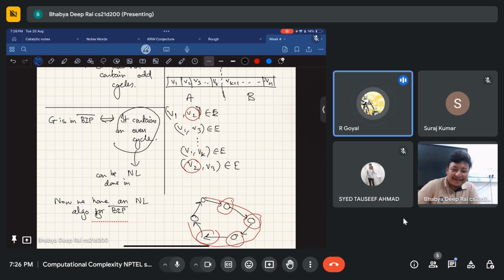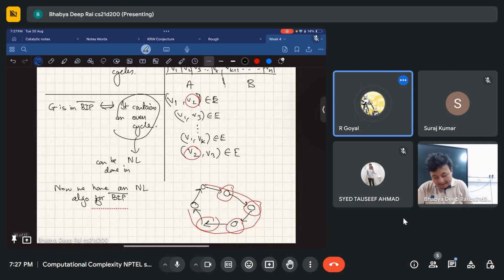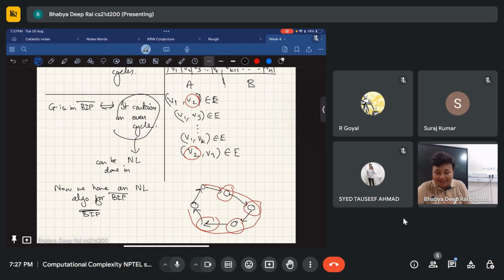Yes, so in light of this statement, since I know that NL is equal to co-NL by Immerman's fact, and since the complement of bipartite is in NL, if I take the complement of both sides, then bipartite would be an element of co-NL. Exactly. Good. So bipartite complement is in NL.